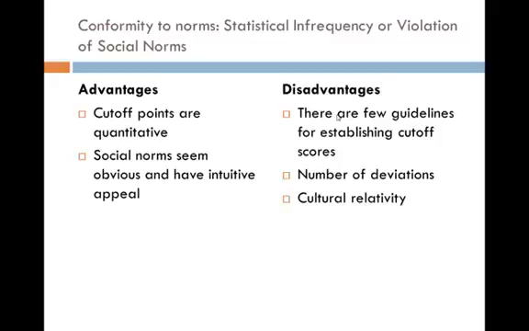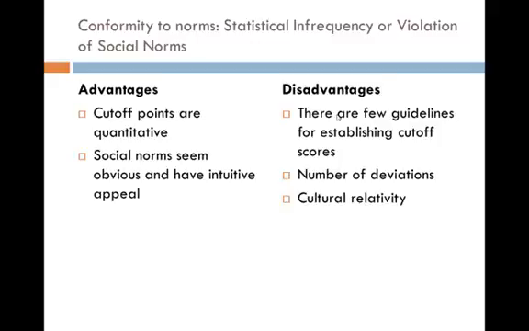Whenever you look at one's behavior from a normative perspective or from a statistical frequency or infrequency perspective, there are certain advantages and disadvantages. One of the advantages is there are cutoff points that are used quantitatively to say if certain things occur X number of times, then that will give us a certain range of functioning.